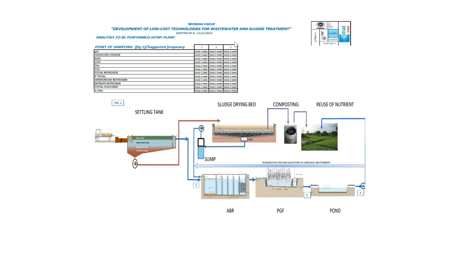If we have this result, you can do sampling once every 2 weeks, sampling water at point number 1 and number 3 and number 2. So this is our planning.